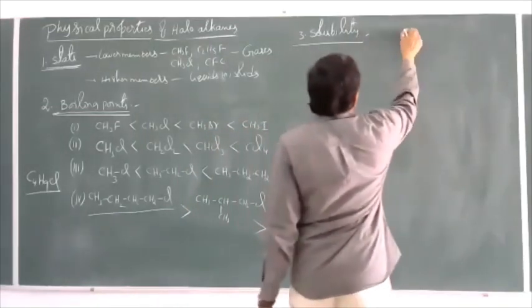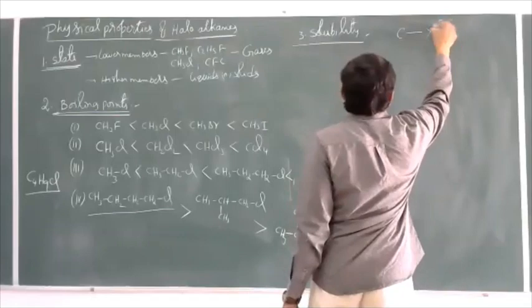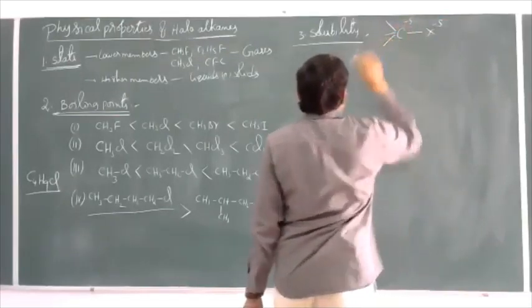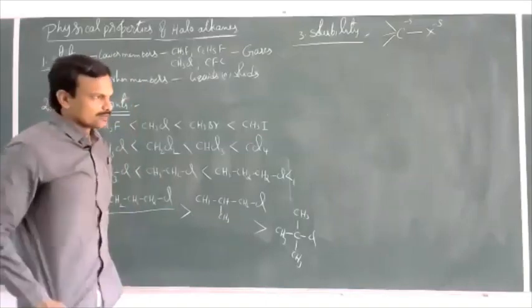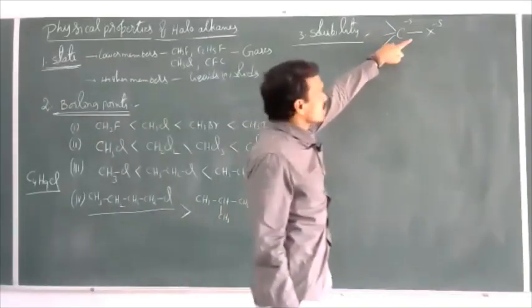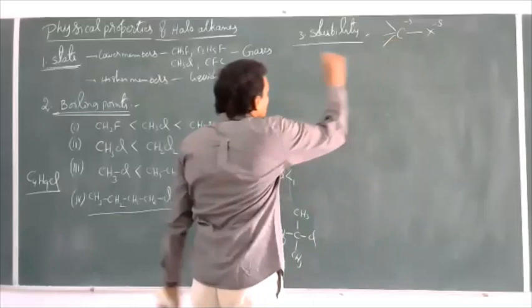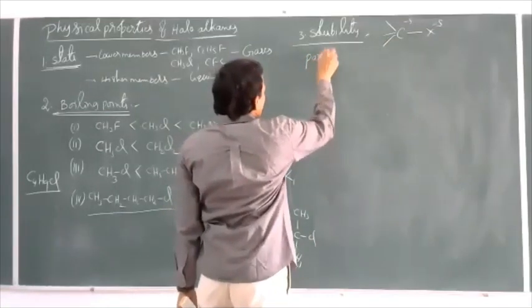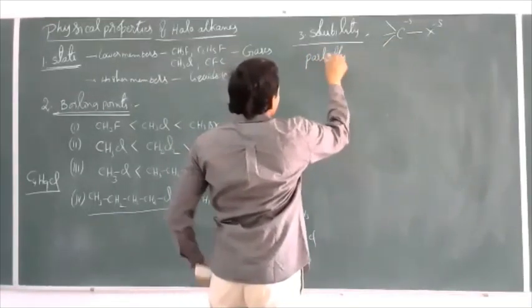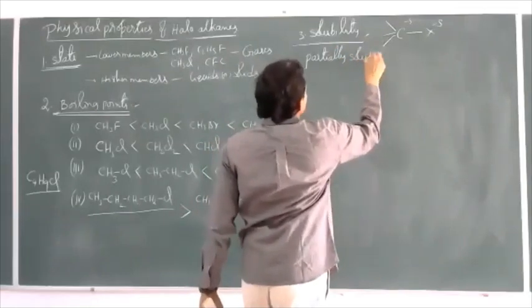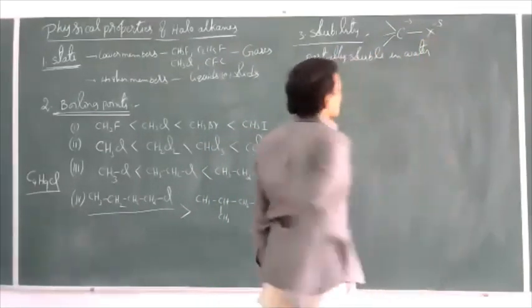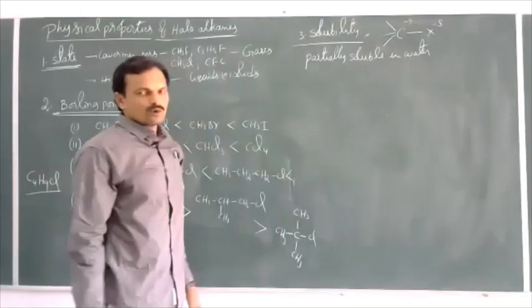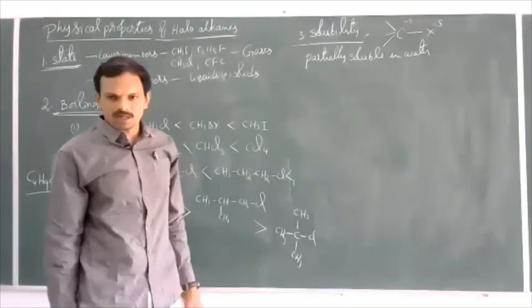If you take haloalkanes, the C-X bond is polar in nature, but haloalkanes do not undergo ionization in water. They also cannot form hydrogen bonds with water. That's why these haloalkanes are only partially soluble in water, due to dipole-dipole interactions.